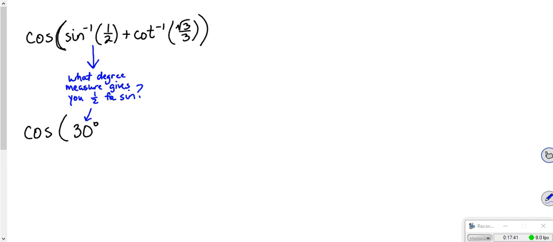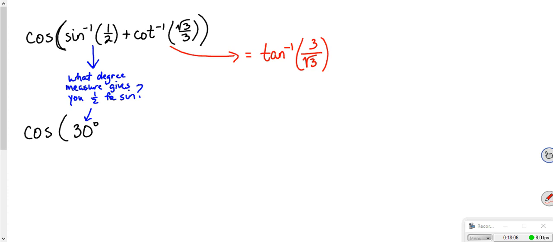Now, the cotangent. Let's talk about this for a little bit. Cotangent's a little weird. Remember, cotangent is the inverse of tangent.